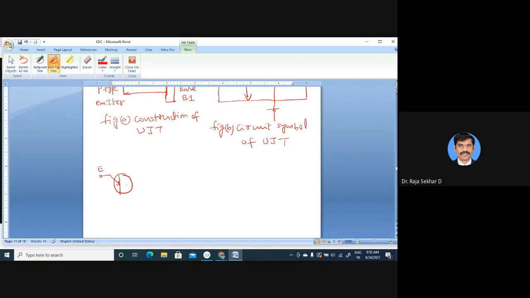The emitter, base B2, B1. This is the symbol of UJT.